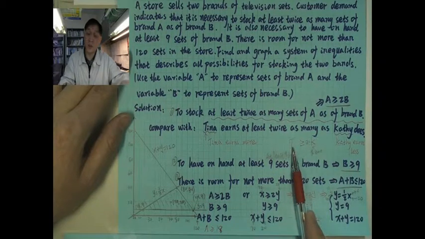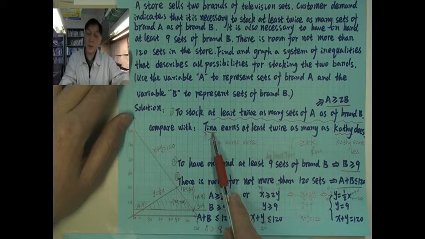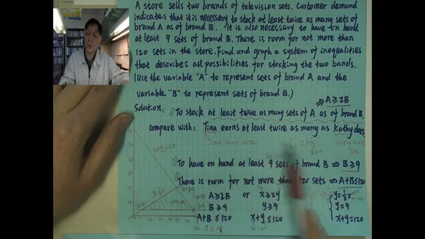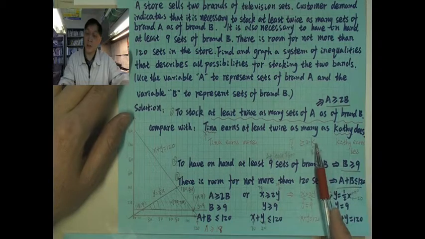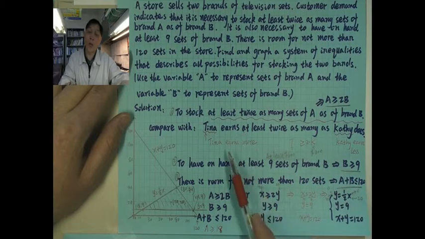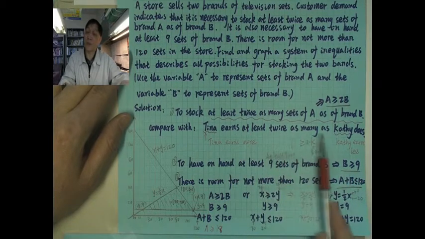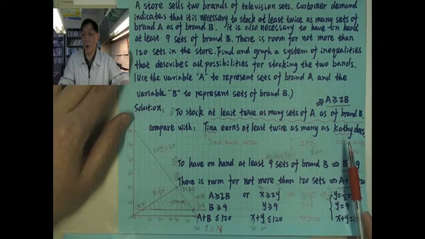So if we use T to represent the amount of money Tina earns, and we use K to represent the amount of money Kathy earns, then of course T is bigger than K because Tina earns more. At least twice as many as Kathy does. So Tina earns more. How much more?